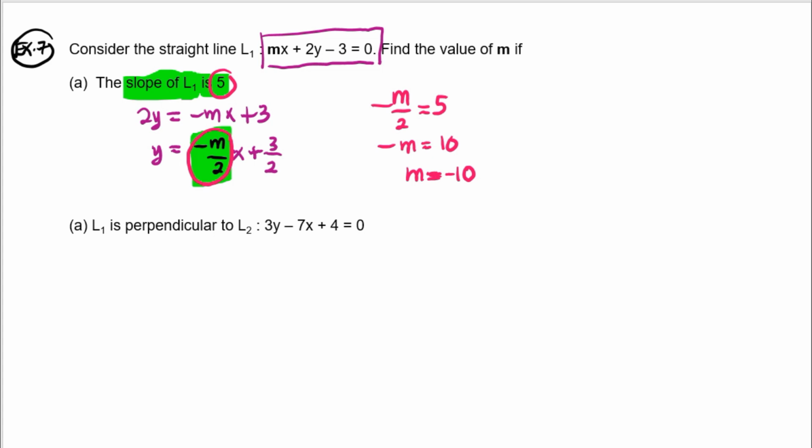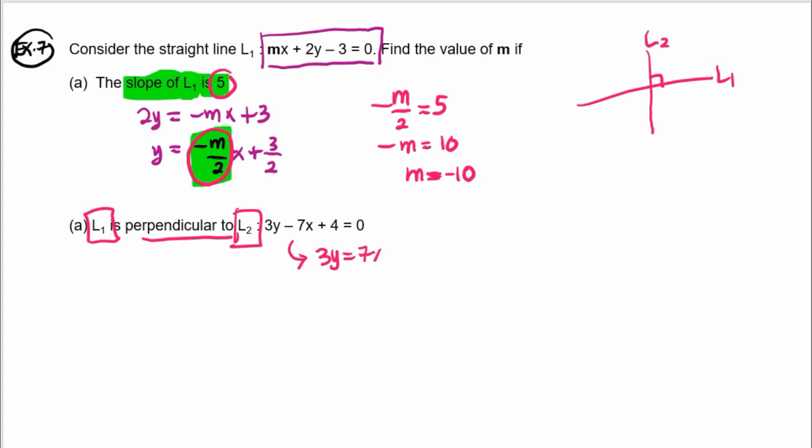But what if the L1 is actually perpendicular to L2? So recall, if you have L1 and L2 perpendicular, the product of their gradients should be negative 1. So you just need to find the gradient of this line. So we have 3y equal to 7x minus 4.